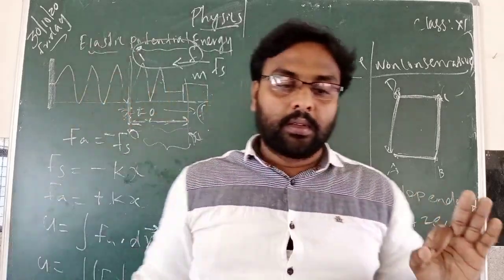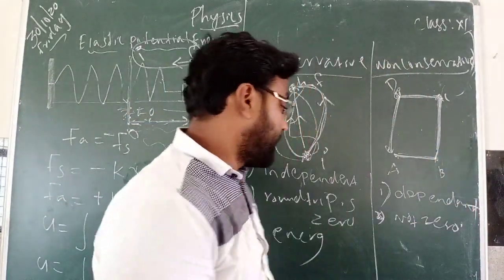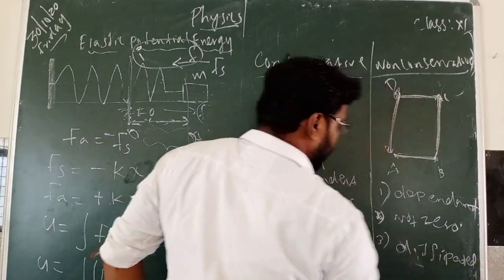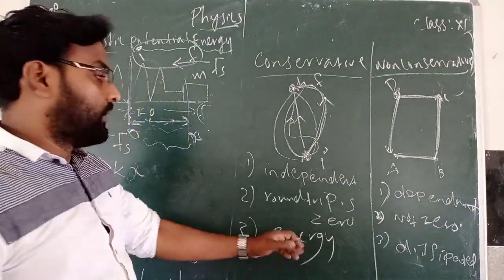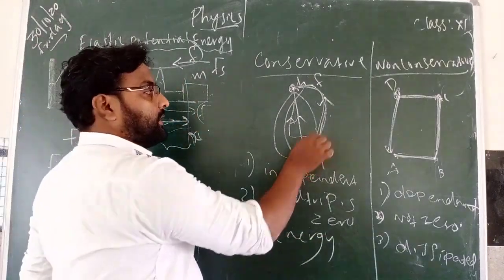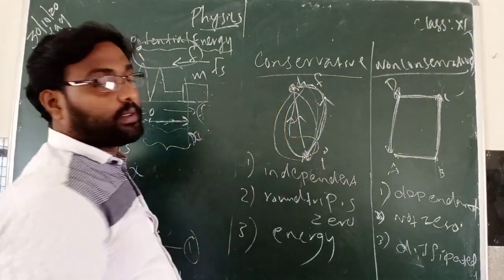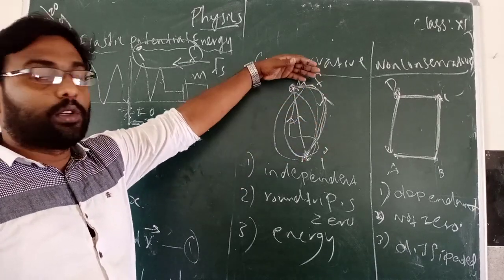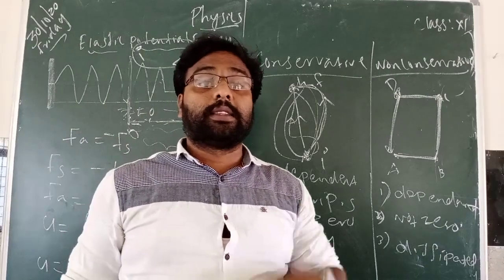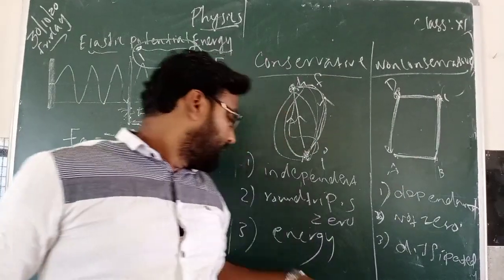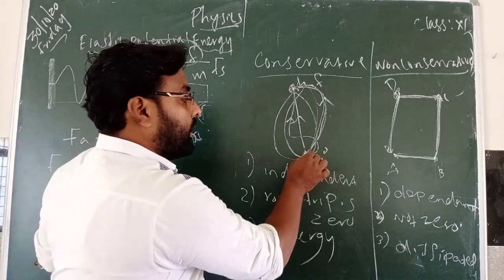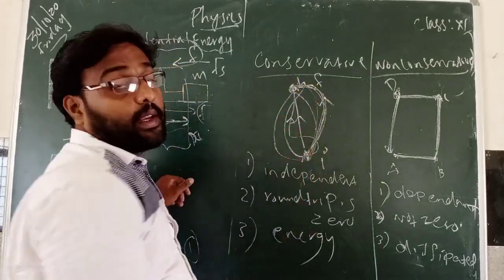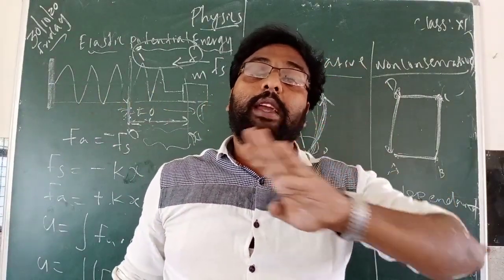The third one is energy. In a conservative force, total energy remains constant, but here it is dissipated. When we lift this from the initial position to the final position, the gravitational potential energy changes to some other energy while moving, and again becomes gravitational potential energy, so the total energy remains the same.